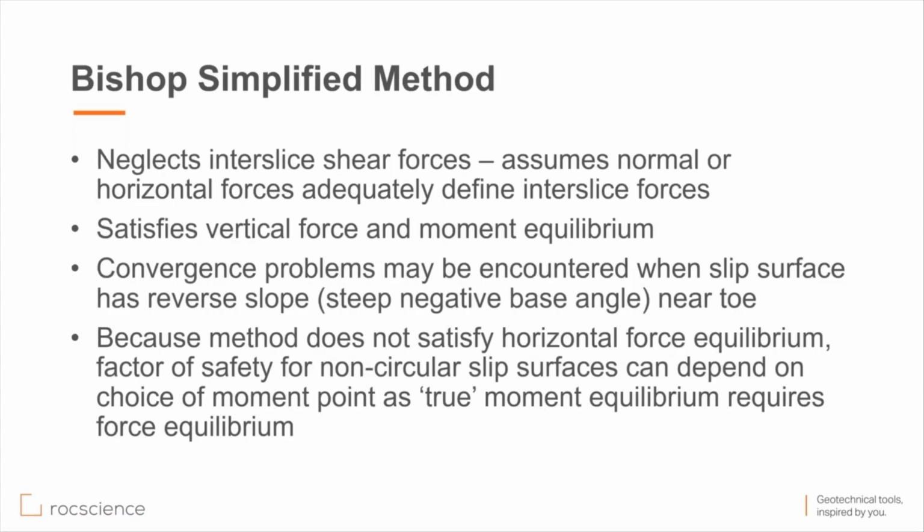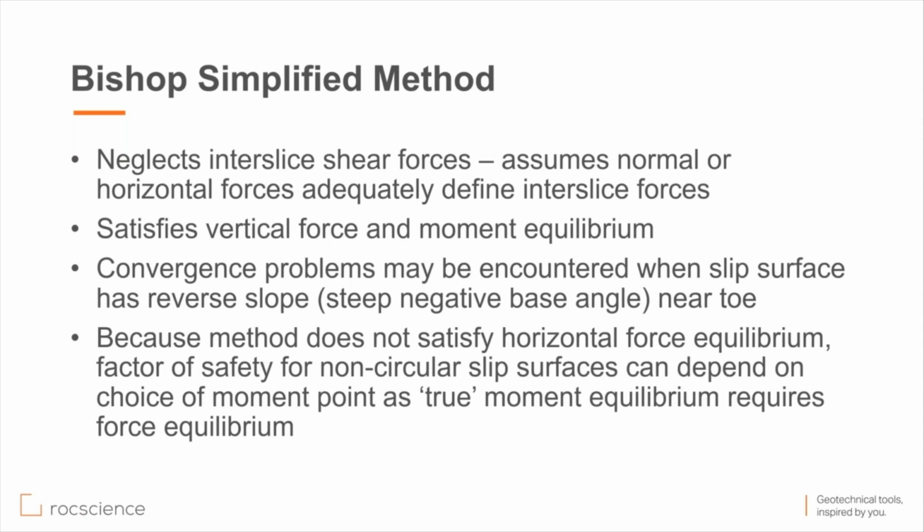The Bishop Simplified method neglects interslice shear forces, but it does it in such a way that it satisfies vertical force equilibrium and moment equilibrium, but it does not satisfy horizontal force equilibrium. And then it can start running into convergence problems.